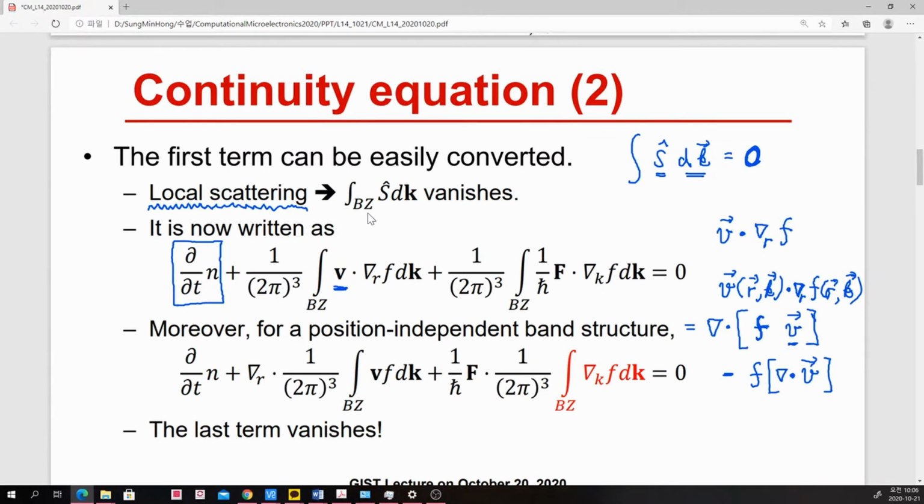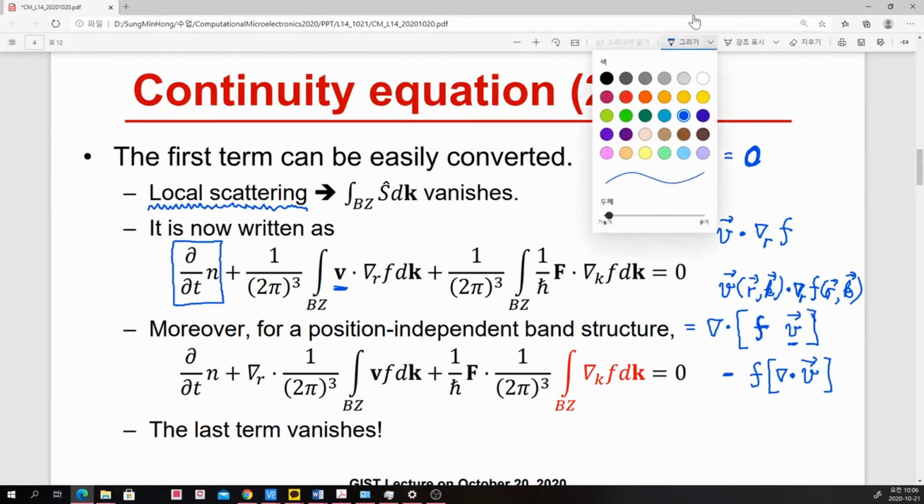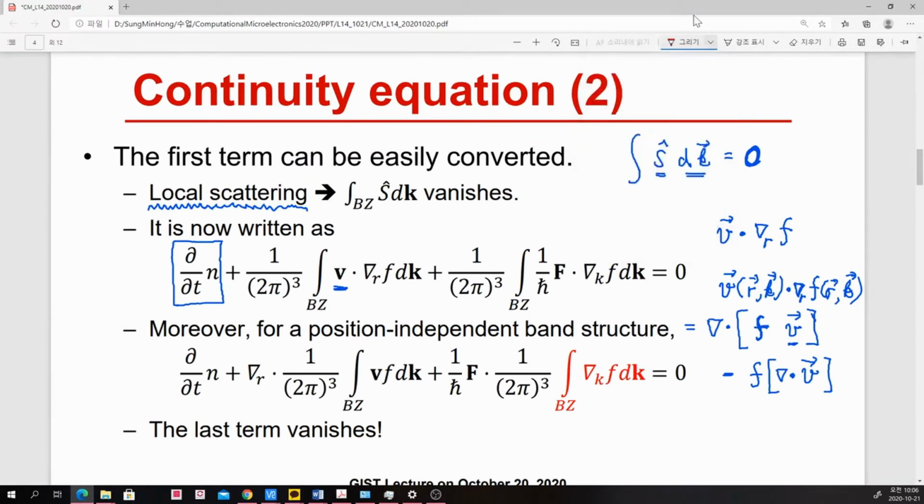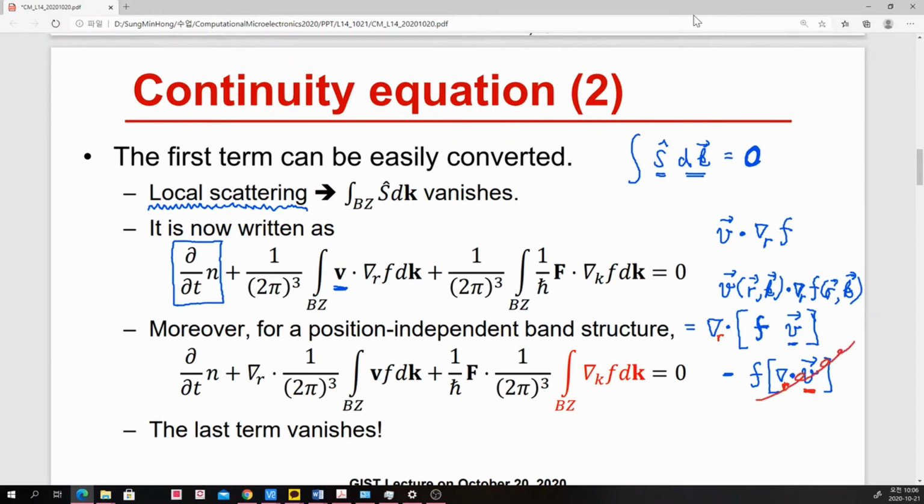So we have this form, but fortunately, by adopting the position independent band structure, our real space divergence of velocity here is not related with the real space, so this term can be neglected.